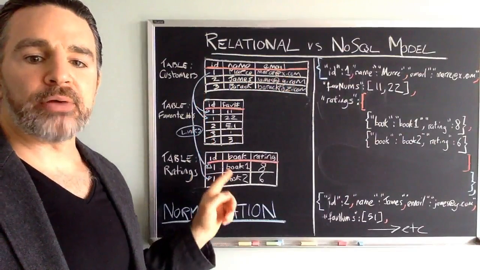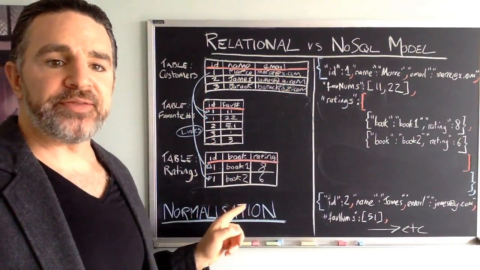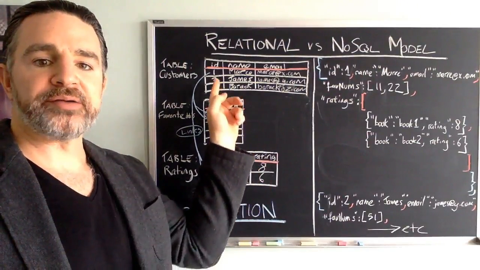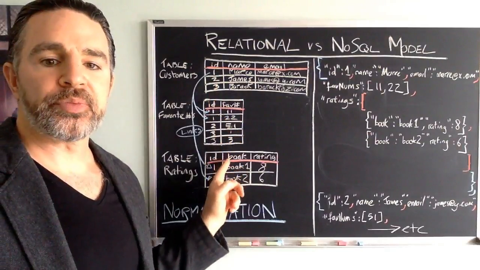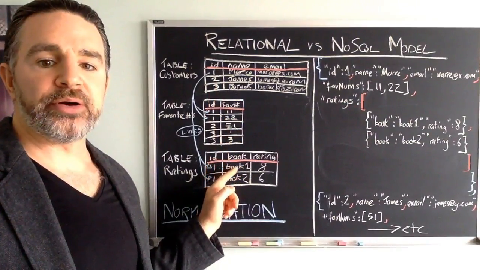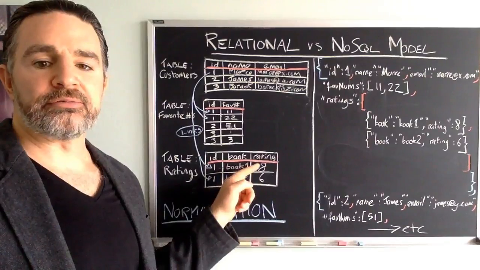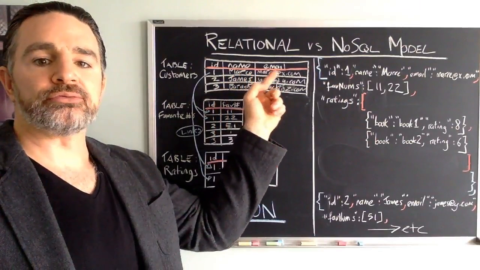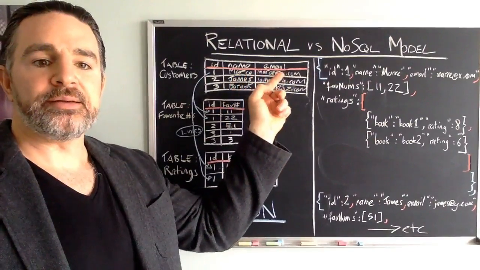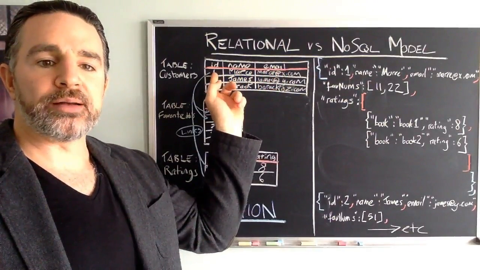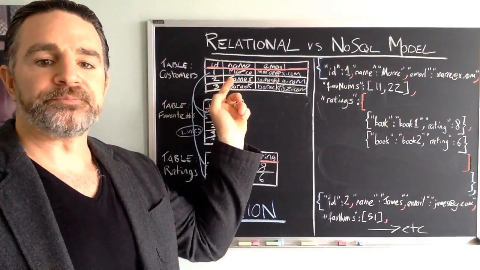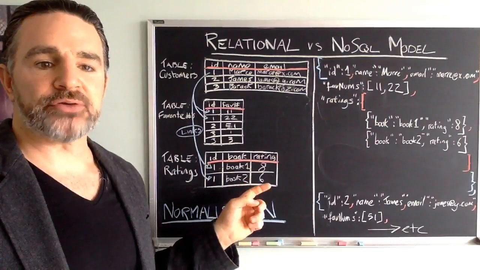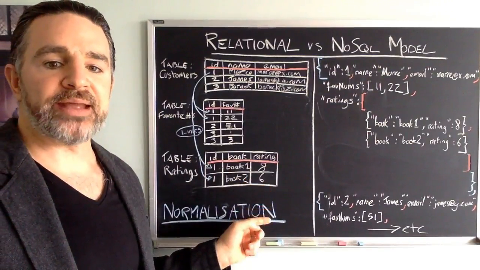So again, I'm going to break it out and normalize the data into this table. And so you see here Marcy with her ID of 1 there. She's rated 2 books, book 1 and book 2, and given a rating of 8 and 6. And again, I'm keeping my unique record for Marcy here. So this ID of 1 can be the primary key for this table. So that's the way that relational databases structure and store their data.